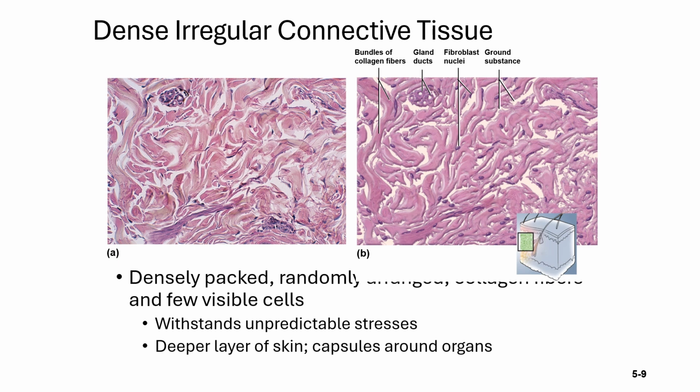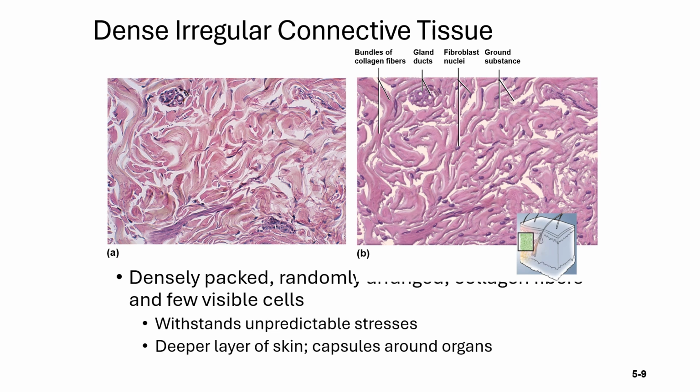Dense irregular connective tissue also has densely packed bundles of collagen, but they are randomly arranged. They are not like the dense regular, which is packed parallel to each other.